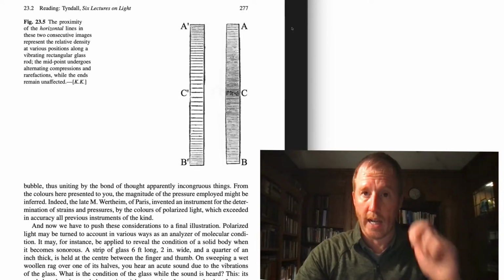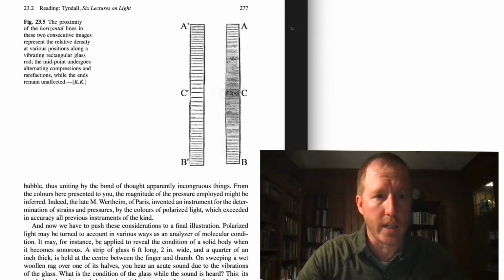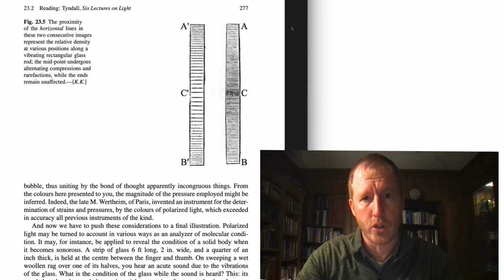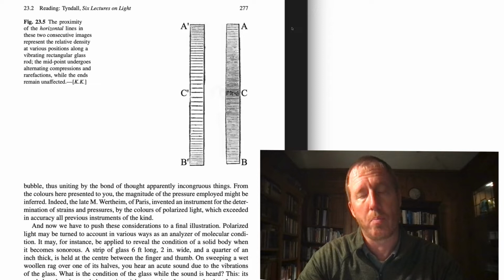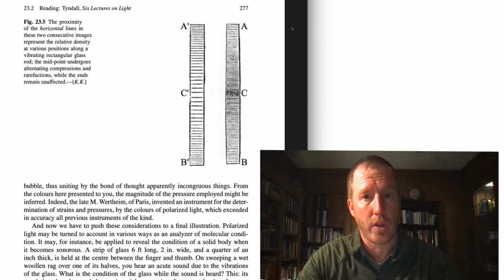He takes a piece of glass, and this is shown in figure 277. I believe this is the section where he talks about this. He takes a piece of glass, puts it between crossed polarizers, and then bends it a bit. When you bend it, certain parts of the glass become compressed and other parts become expanded. When the molecules of the glass are compressed, you introduce birefringence, because you introduce an asymmetry in the crystal, which means that light striking it with different polarizations will travel at different speeds because there are different refractive indices, which arise from the different stiffnesses of the crystal and different orientations.